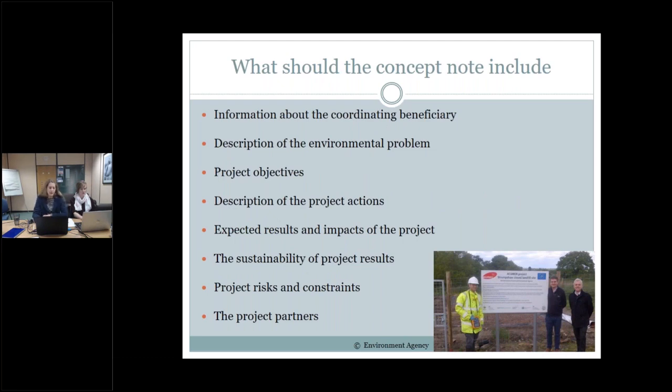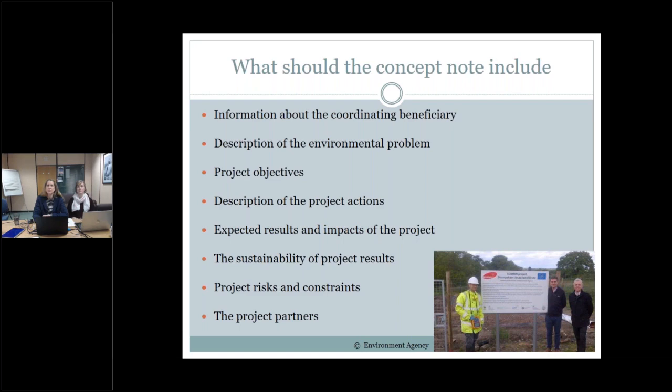So what should you include in the concept note? You should include information about the coordinating beneficiary. You need to include a description of the environmental problem targeted in case of the environment and resource efficiency, and governance and information projects.